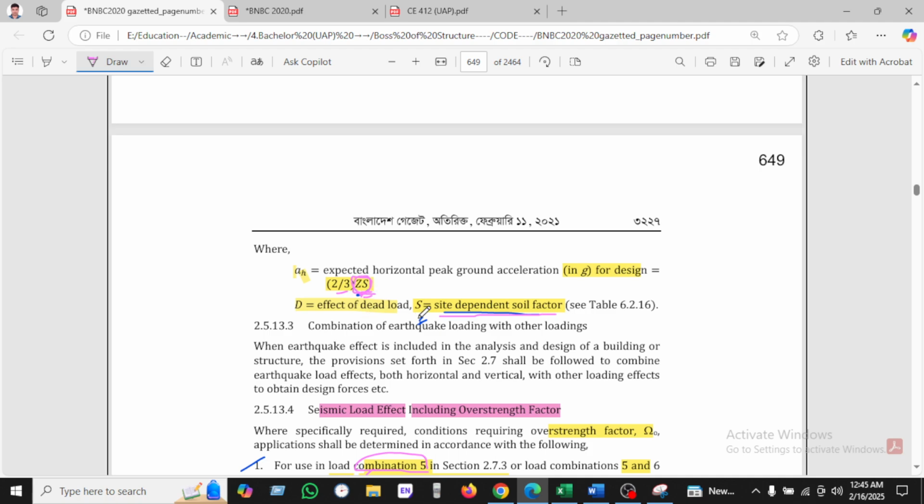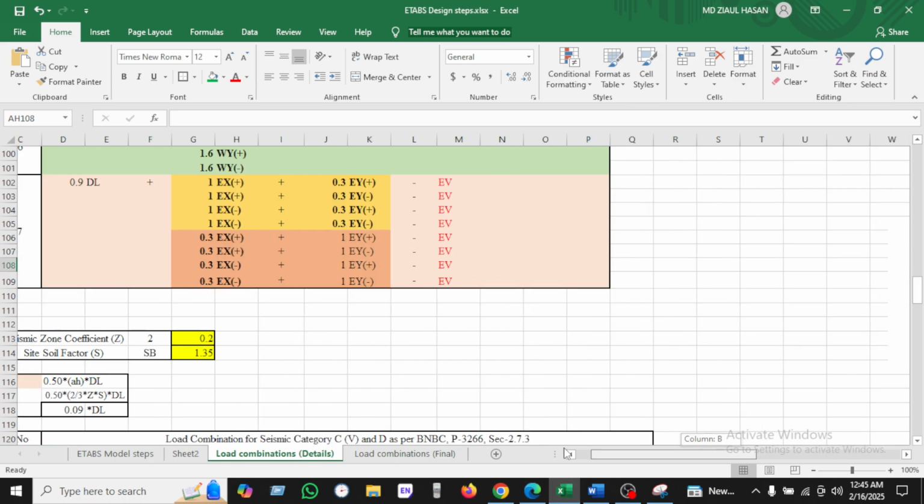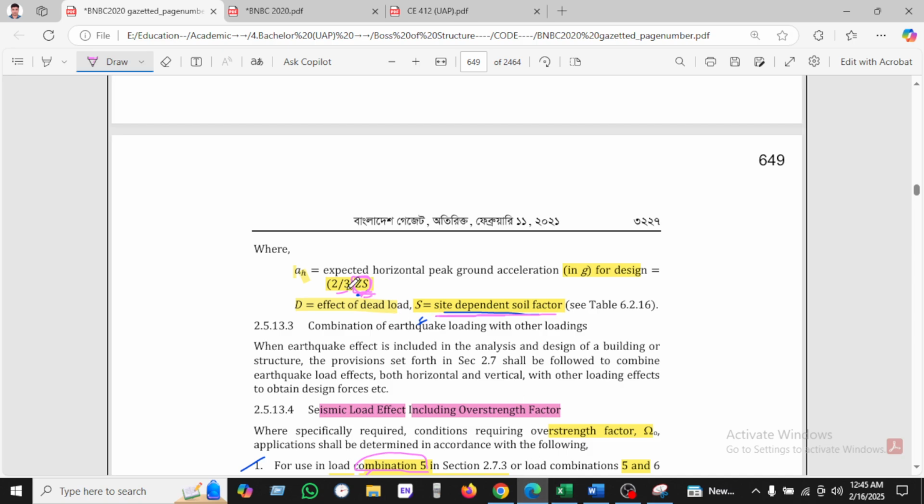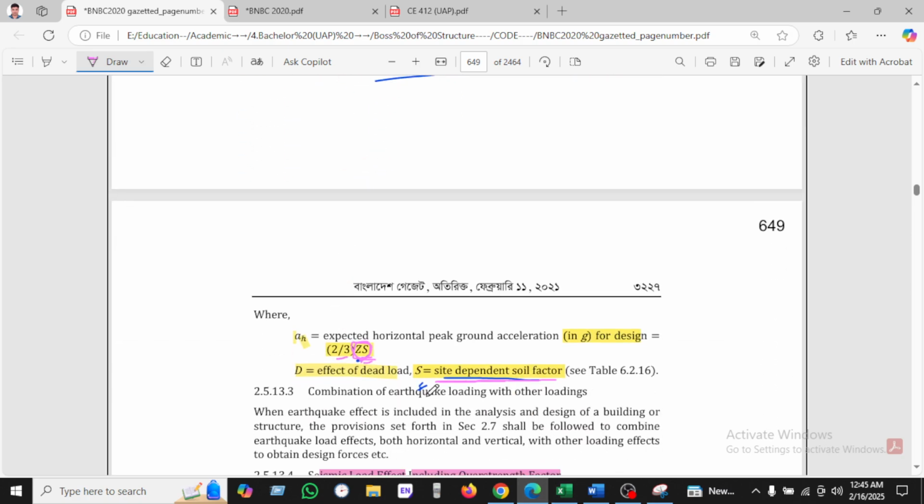I have shown here how we get these values, and we put them here. So far we can see the Z value coefficient is 0.2, and the soil site class is 1.35, then the EV will be 0.90. If we calculate here, we just put all these values here.